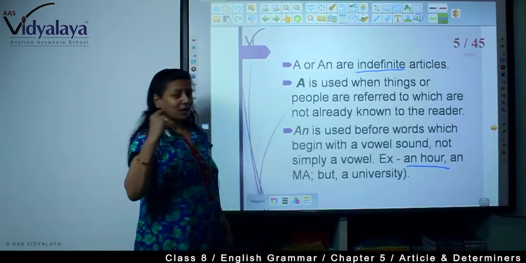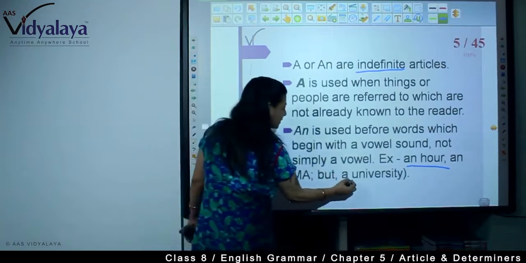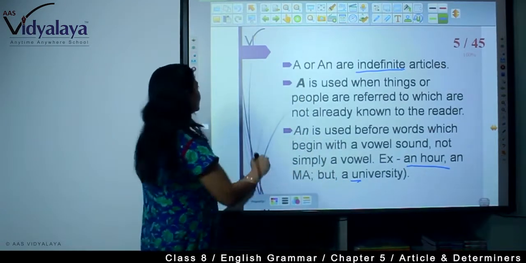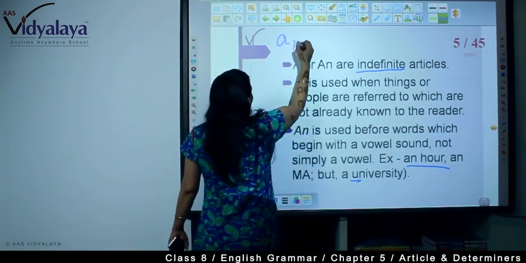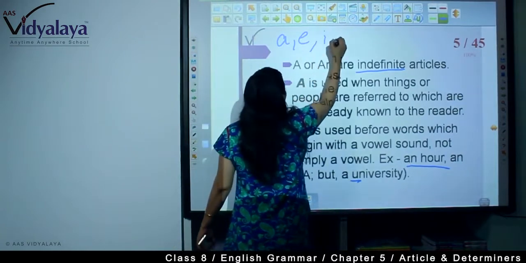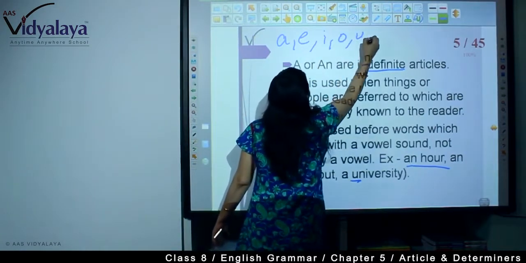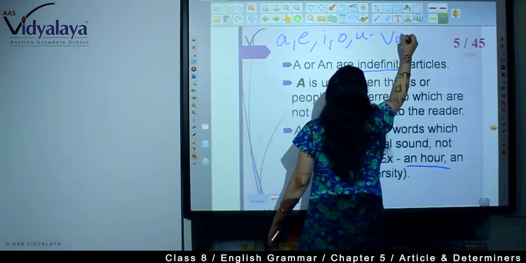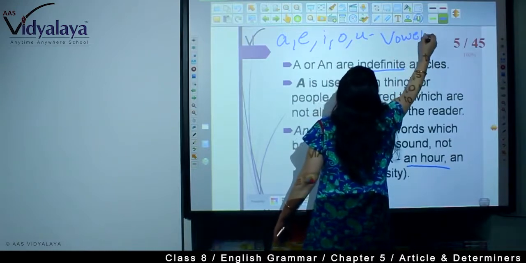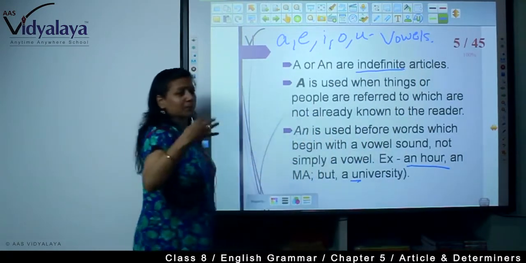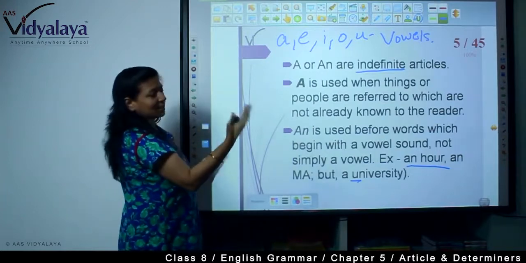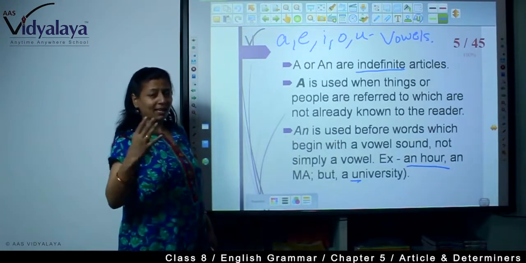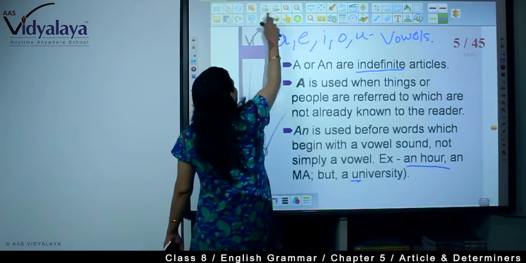An MA, but a university, though U is here. You know what the vowels are? A, E, I, O, U. These are vowels. So, when in pronunciation we use these sounds, A, E, I, O, U, then an is used.